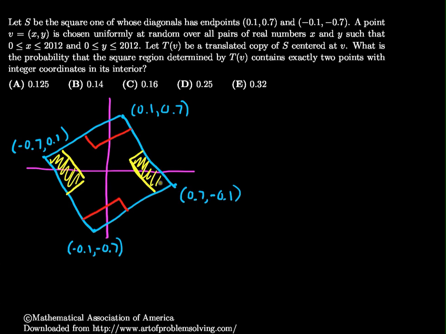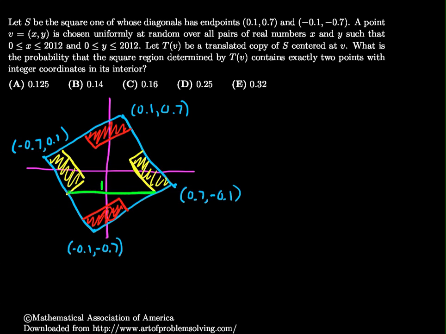Okay, we know that integer points are 1 unit apart, and I'm not going to spend too long showing it, but I can't get more than 2 points in here. But here is the big idea. Right here, this is going to be of length 1.